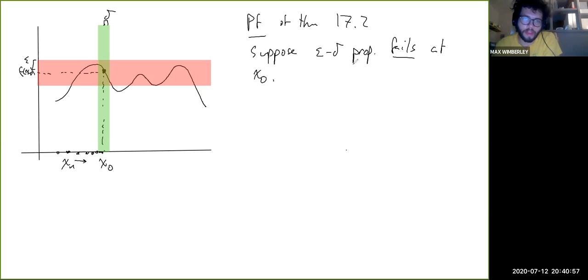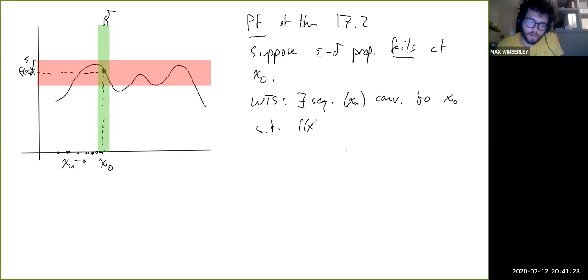So that's a little bit complicated, but remember, what we want to do, right, is show that there exists a sequence xn converging to x naught such that f of xn does not converge to f of x naught, right? That's what we want to do.